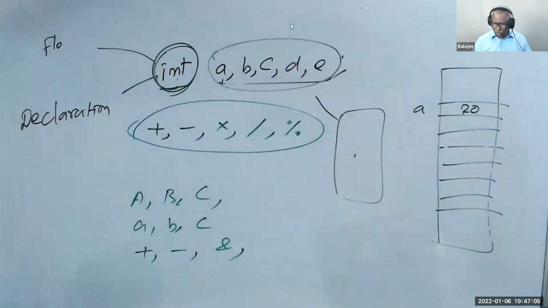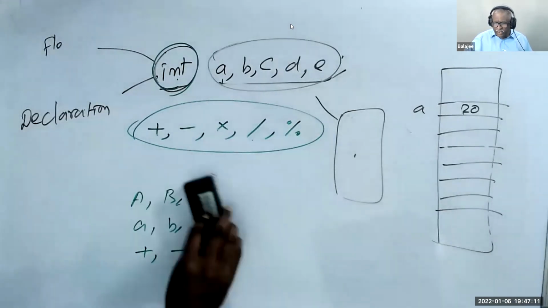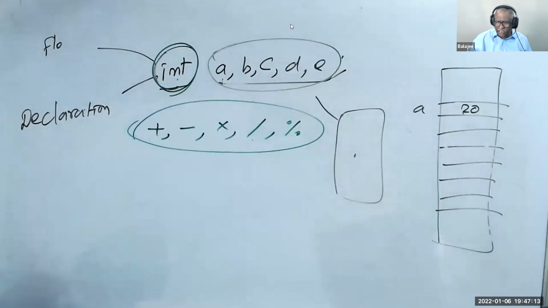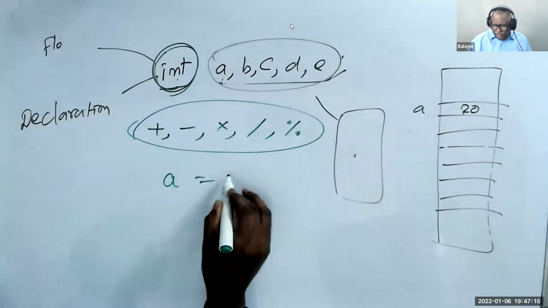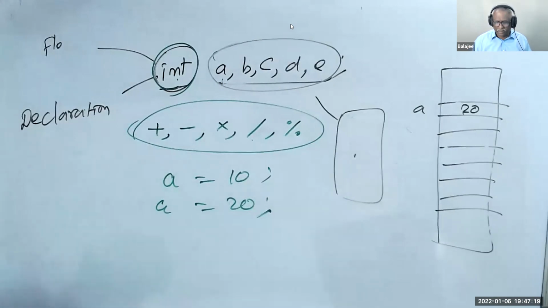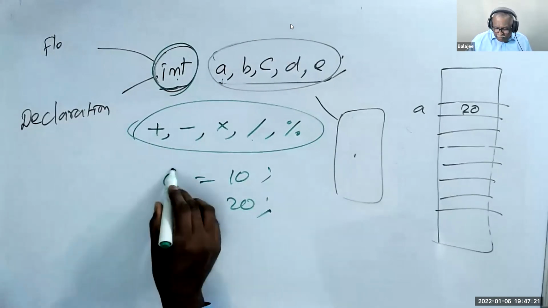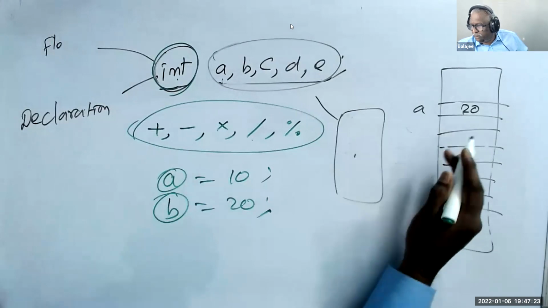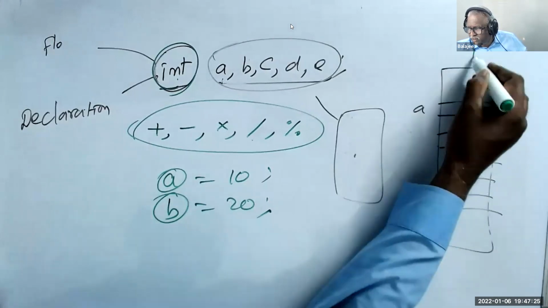Okay, so let's go back to the board. And the problem here is this. I have mentioned that you declare the variable A. I say A equal to 10, A equal to 20, like that. But A, B are memory locations. But what is stored here is binary.